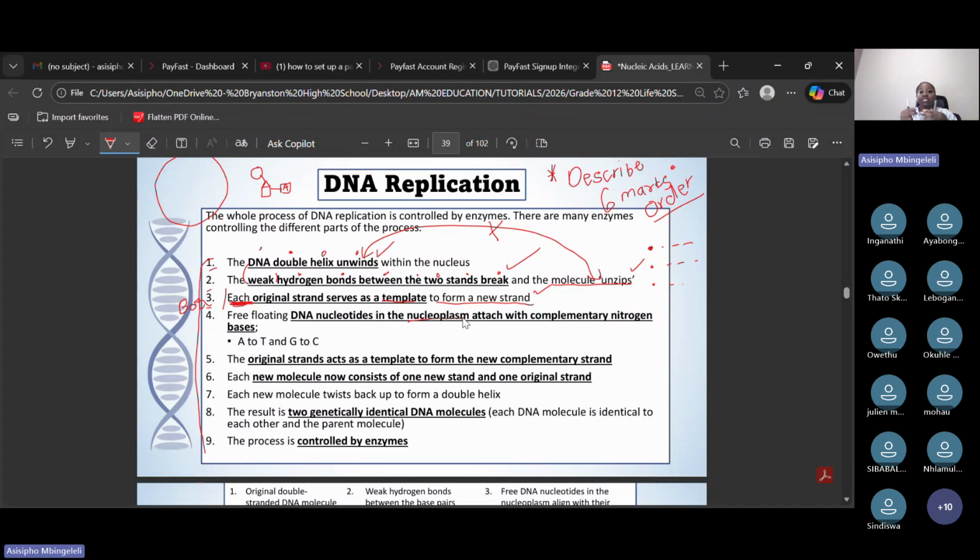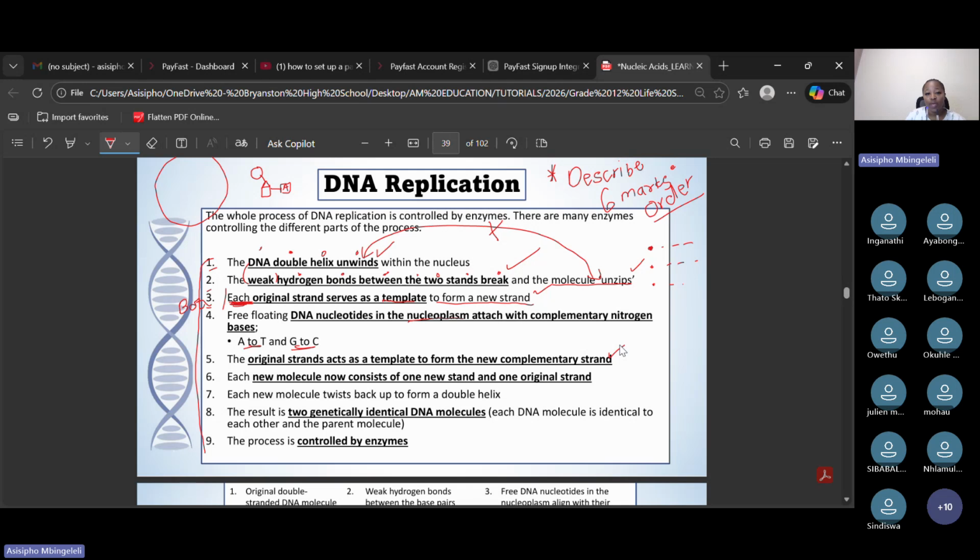They are going to attach themselves to the exposed bases of the two original strands to form a complementary strand. How are they going to attach themselves? A is going to be paired with T and G is going to be paired with C. It will make more sense when we do the diagram. Now, the two original strands that we have act as a template to form a complementary strand.